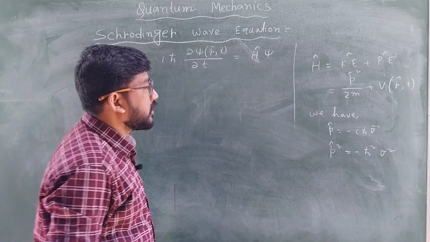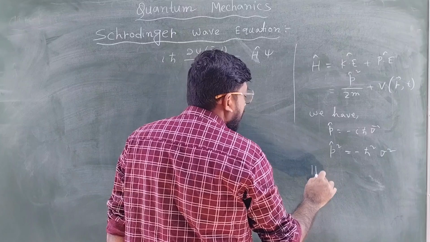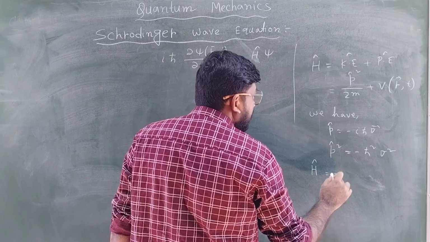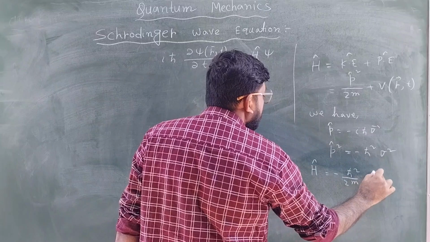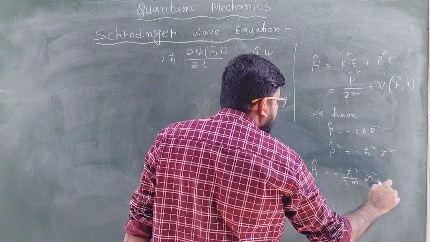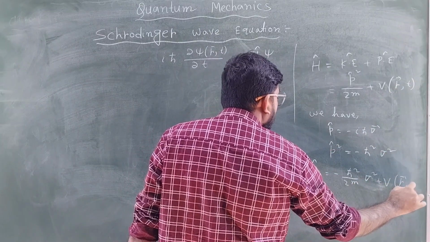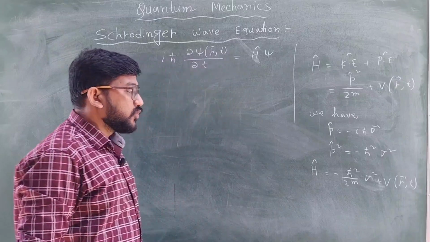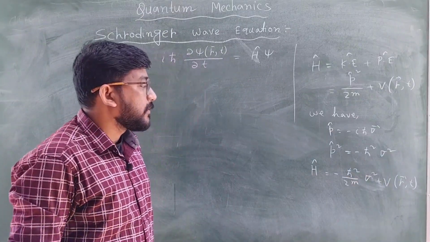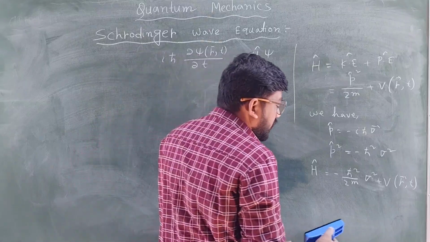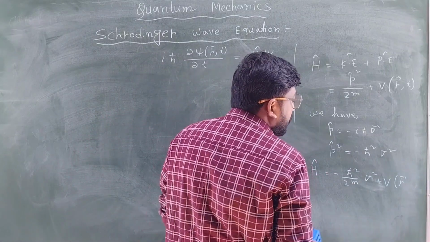So now if you put it here, you will get the Hamiltonian operator H cap, that is basically minus ħ square upon 2m into del square, plus V(r,t). But in most of the cases we have seen the potential energy is only a function of r. So if potential energy is only a function of r, then we can simply write V of r.